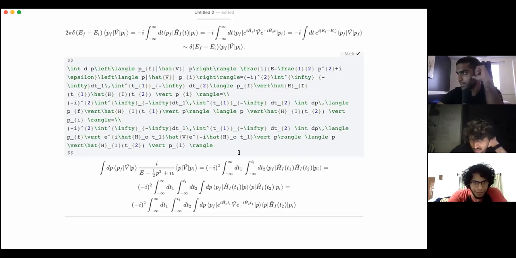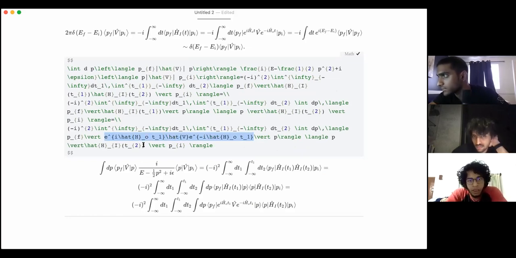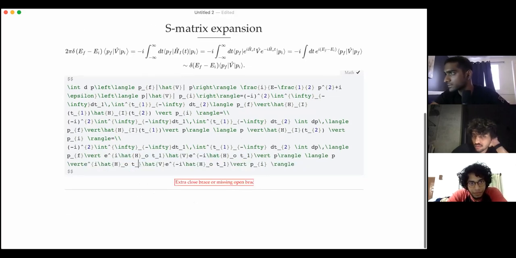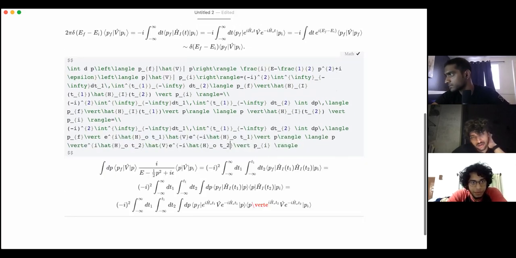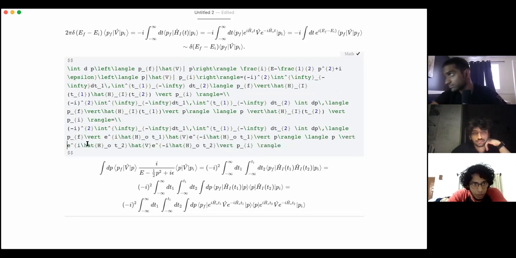We're happy with that? Yep. Now let's just copy this and replace some expressions with other expressions. This is going to be t2, this is going to be t2. Very cool.